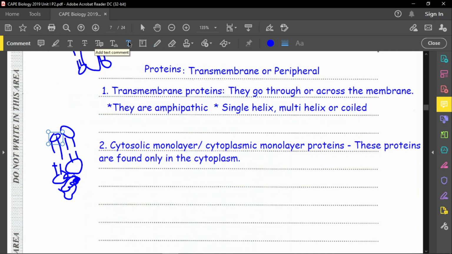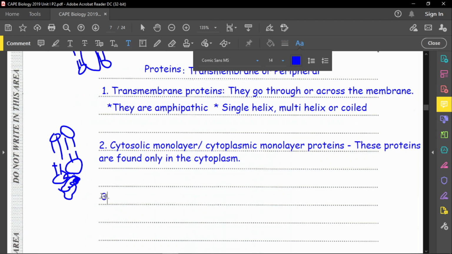Here we have what they call the outer layer one, the plasma membrane monolayer. This is the third one. We can call this one the plasma membrane monolayer. The word monolayer just says a single layer.